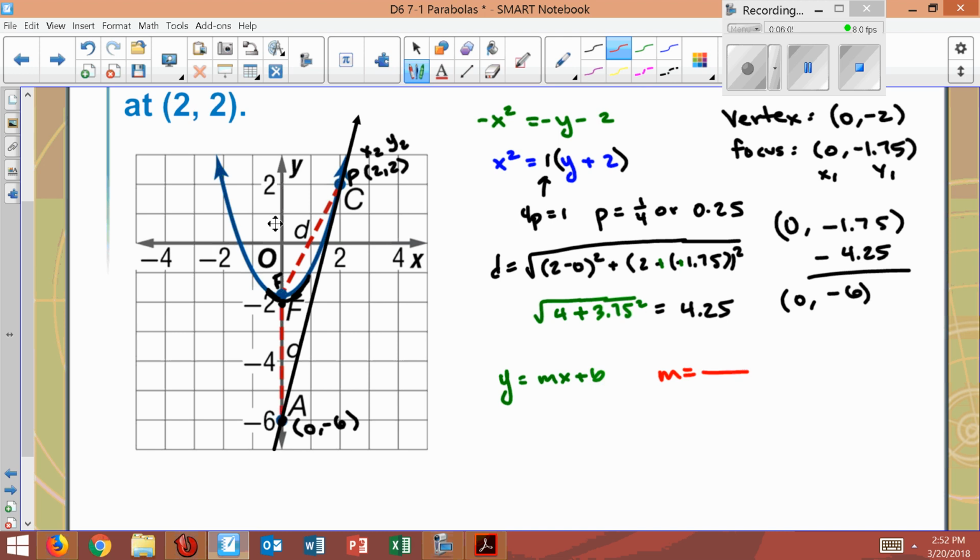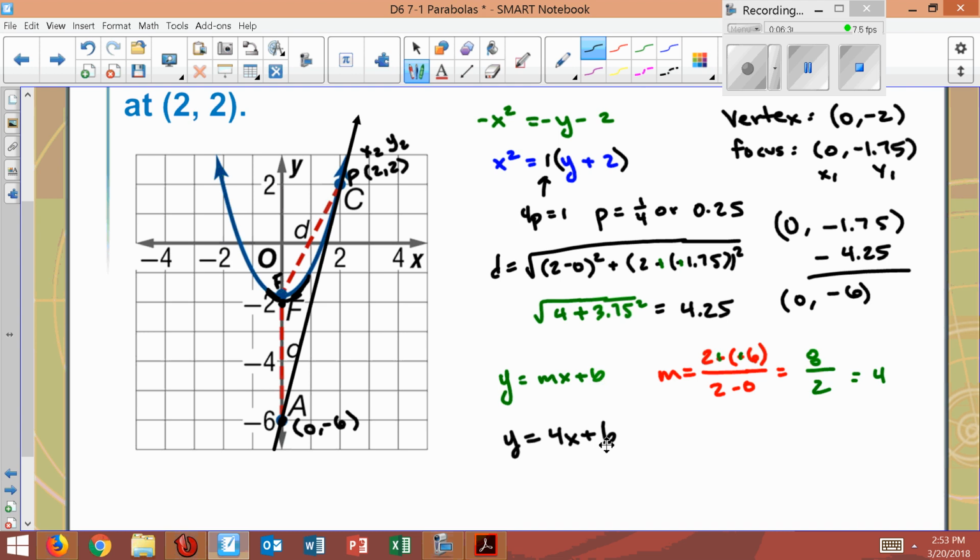That's up 8 units. Or you could also do y2 minus y1, which is 2 minus -6, over your run, which is 2 minus 0. So it's a total of 8 divided by 2, which is 4. So I know my tangent line will be y equals 4x plus b.